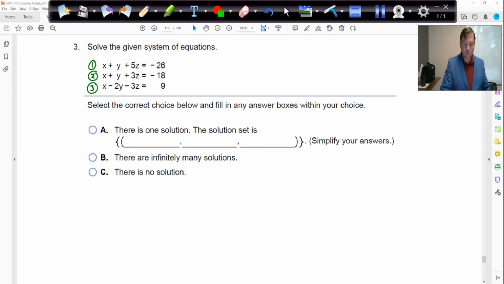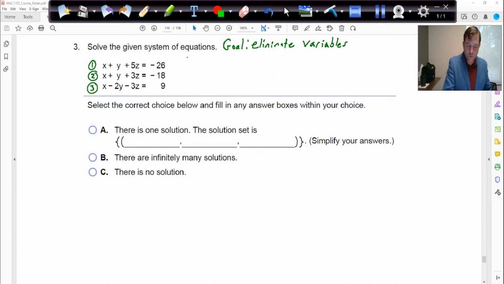Now, what we're going to try to do is, our goal is to eliminate variables.